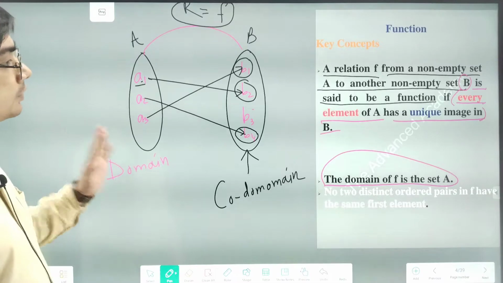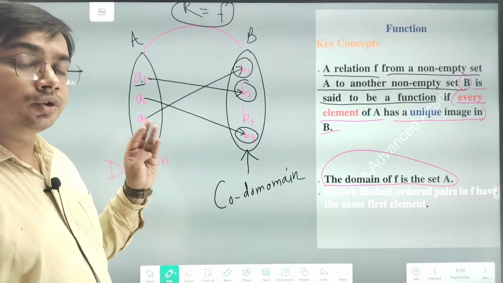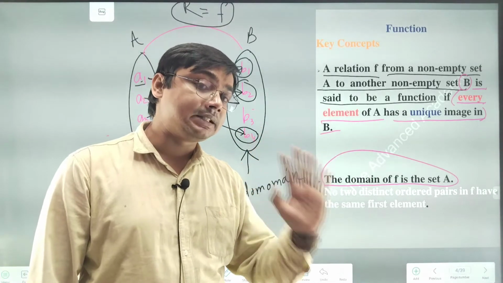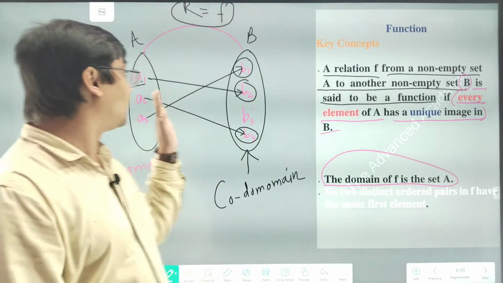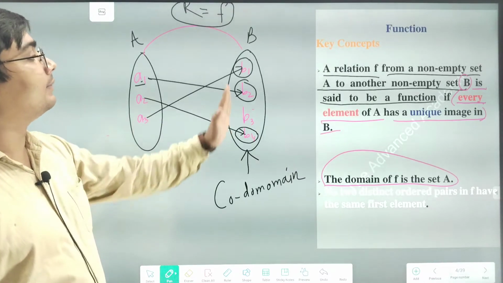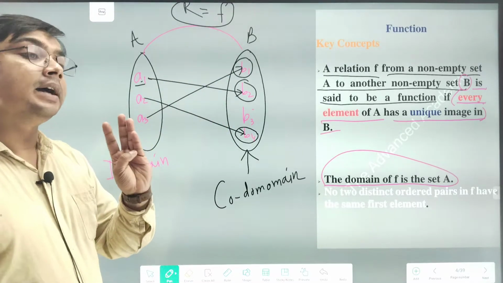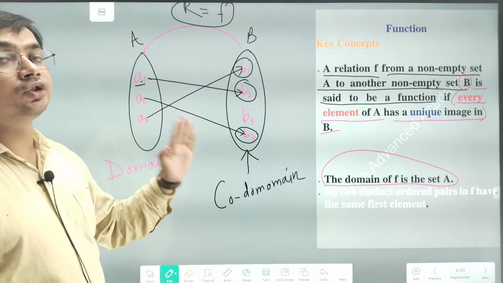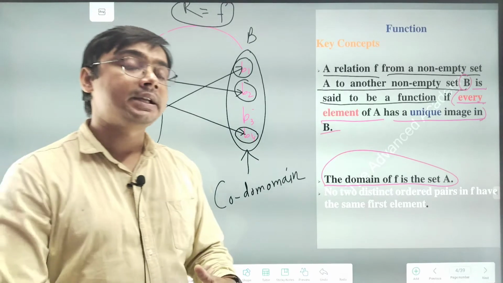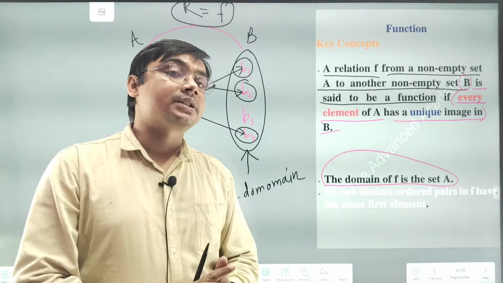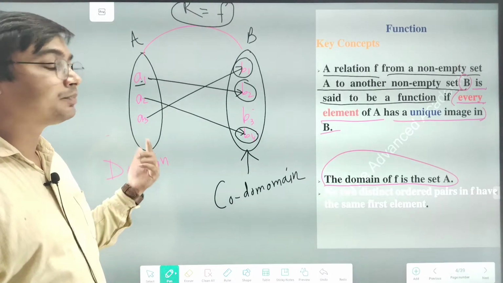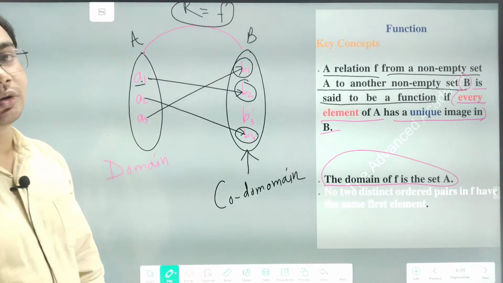So the first condition to become a function is that all the elements of this first set must be connected to some element of the second set, and that connection should be unique. Yes, if these two conditions are satisfied, then the relation is called a function. And this first set is called the domain here, and the second set is called the codomain.